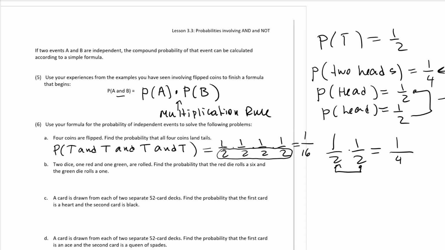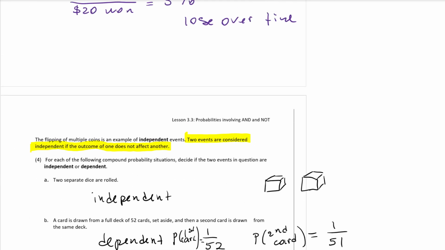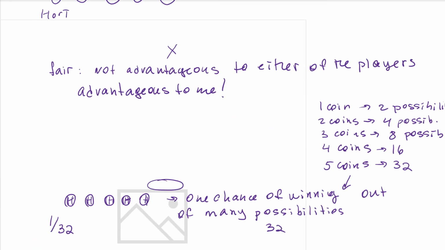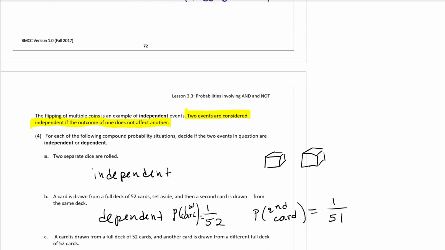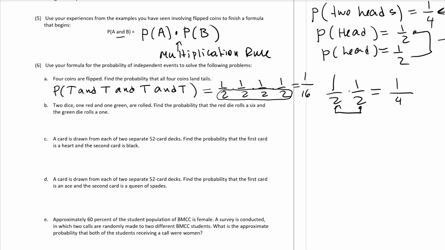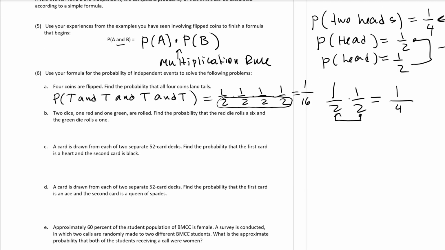We've done this already, by the way, before, when we made a list early in the lesson. You see, the 4 coins, 16 possibilities, and 1 out of 16 is the success. Now we make it a little bit more systematic: if we know the probability of each event, you don't even have to count this. You just go ahead and multiply the probability 4 times, and you get the answer of 1/16. Remember, you're not adding, you're multiplying.